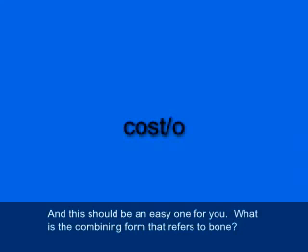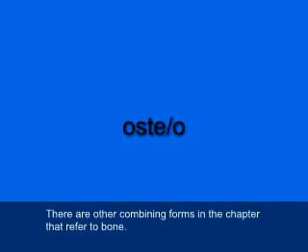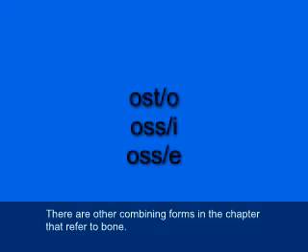C-O-S-T/O. And this should be an easy one for you. What's the combining form that refers to bone? I hope you all remembered osteo, O-S-T-E/O. There are other combining forms in the chapter that refer to bone.